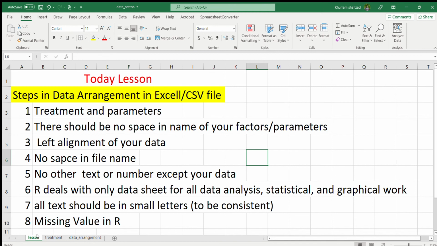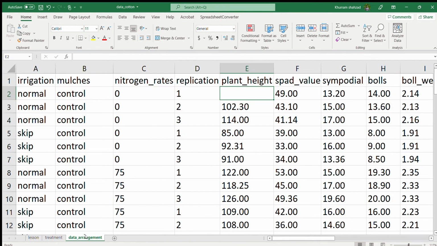R deals with only one data sheet; you do not need multiple data sheets. And for missing values, if your replication is missing, don't be worried about that. So these are the steps when you manage your data and put your data in. Arrange all your data that way.